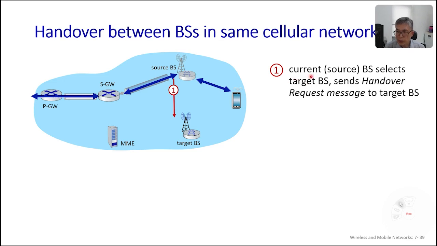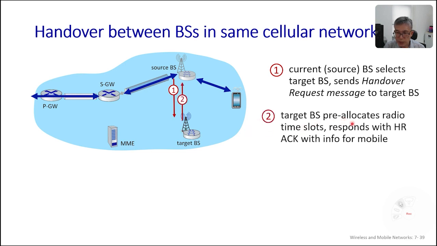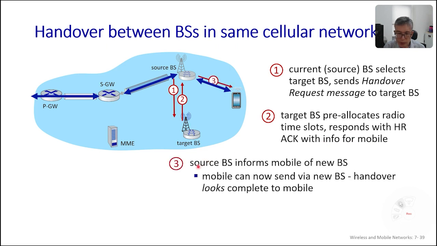Step 1: the current source base station selects the target base station and sends a handover request message to it. Step 2: the target base station pre-allocates radio time slots for the mobile device and responds with a handover request acknowledgement message with information for the mobile node. Third, the source base station informs the mobile node of the new base station. So the mobile can now send via the new base station, and handover looks complete to the mobile.